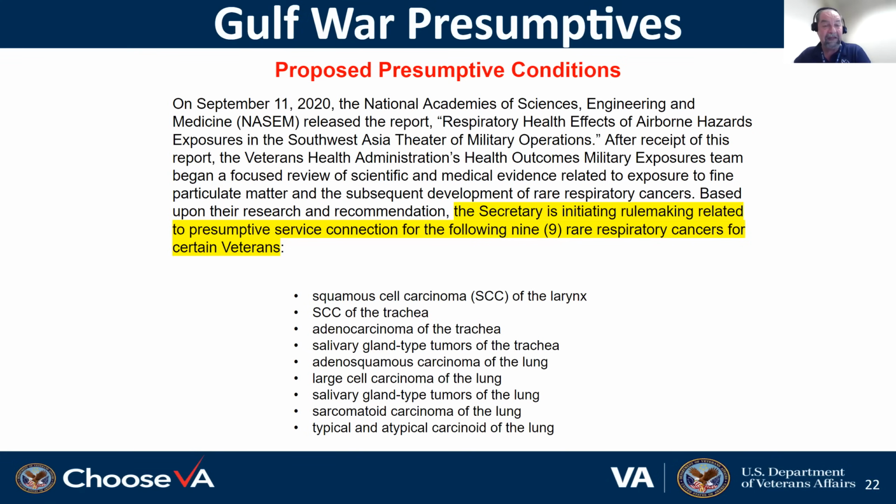In order to get a claim started for presumptive conditions, you would have to come to the regional office and sit down with one of our counselors and go through the record and discuss what types of conditions or illnesses you're currently going through, or that a veteran is currently going through.